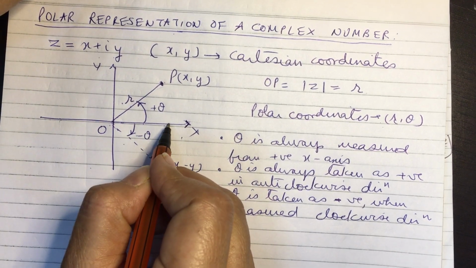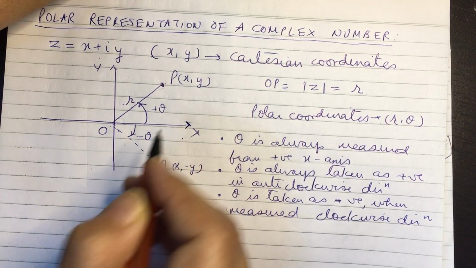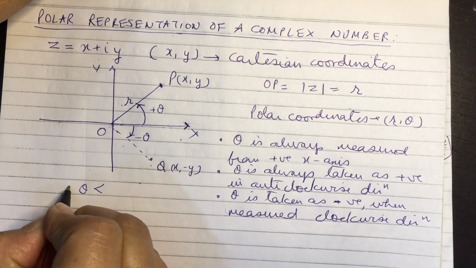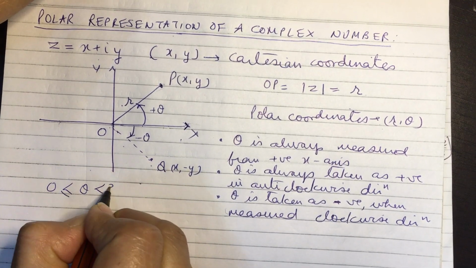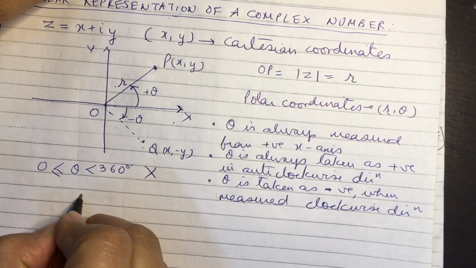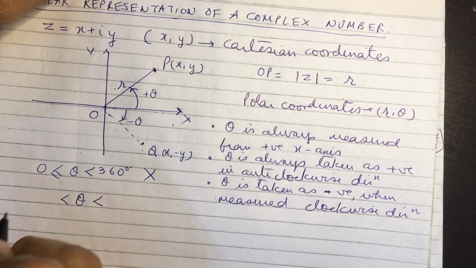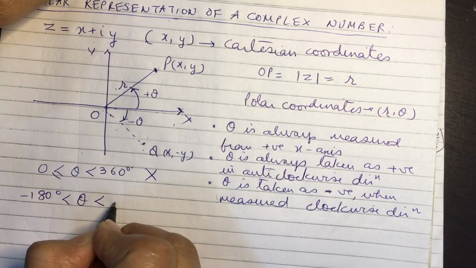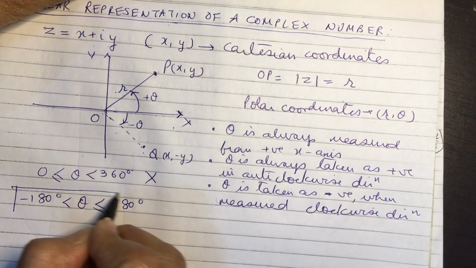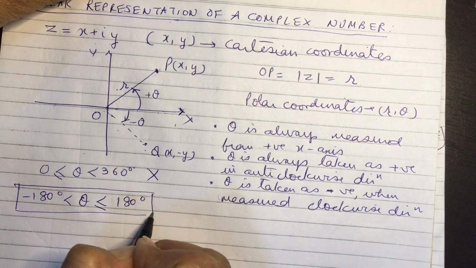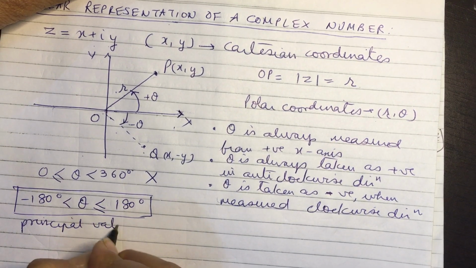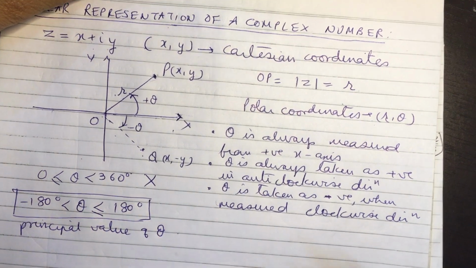So, instead of taking theta lying between 0 and 360 degrees, we take theta lying between minus 180 degrees and plus 180 degrees. This is called the principal value of theta.